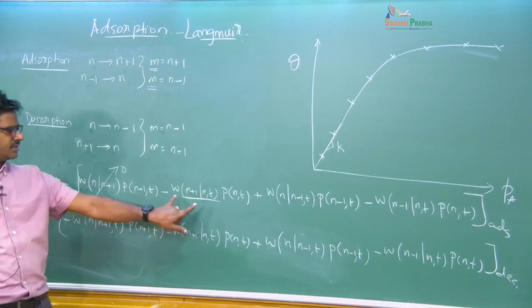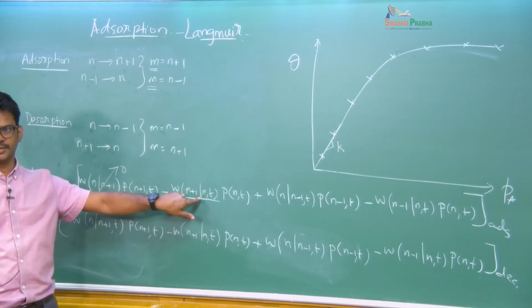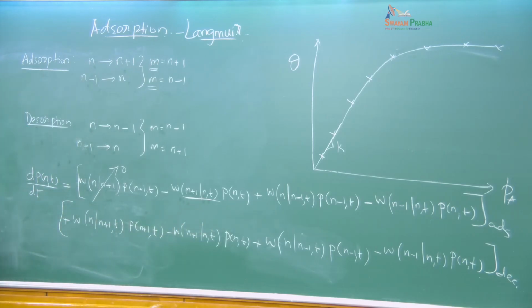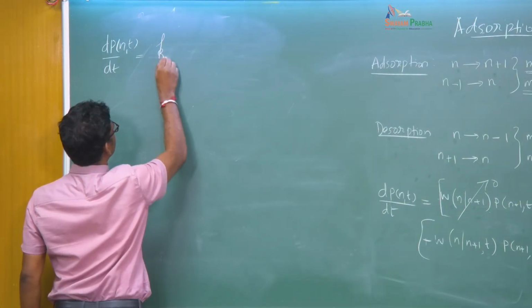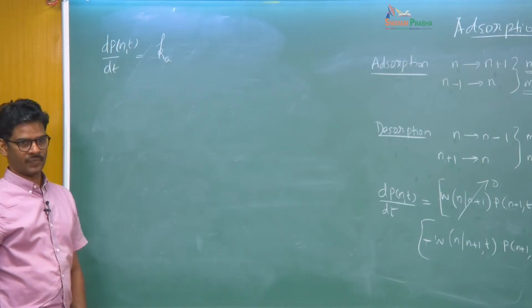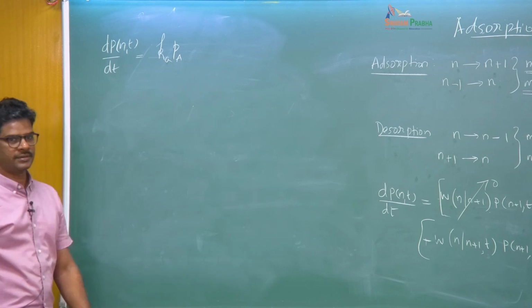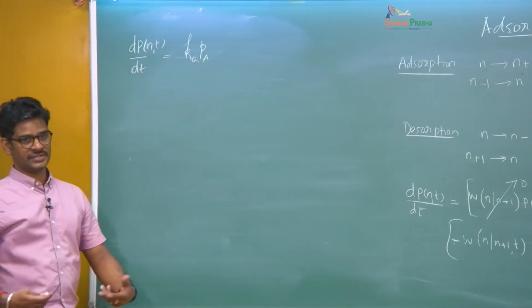How do we write this rate? W n, n plus 1, the rate of adsorption being at n. So the rate constant is Ka, and Pa, and the number of vacant sites, right?